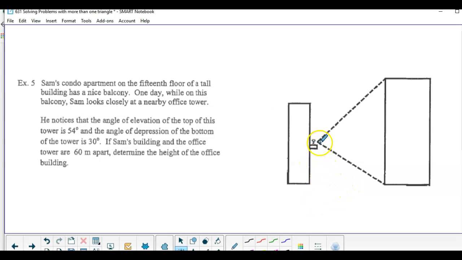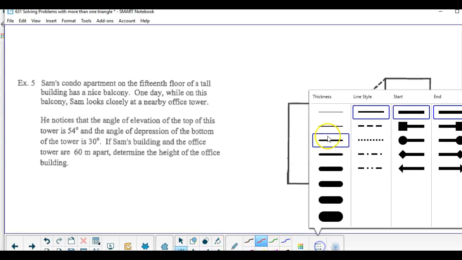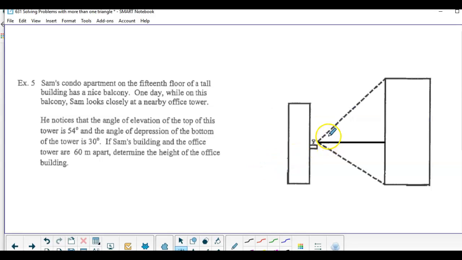So the biggest thing, we kind of have to label some stuff, right? So from the horizontal, that's Sam. We've kind of helped you with the line of sight here, but I'm going to draw in that line and then label, maybe I'll do it in red. So angle of elevation is 54. So that's from the horizontal up.